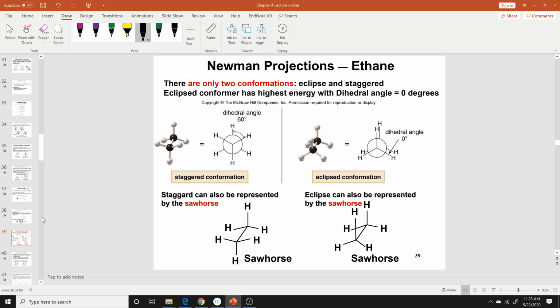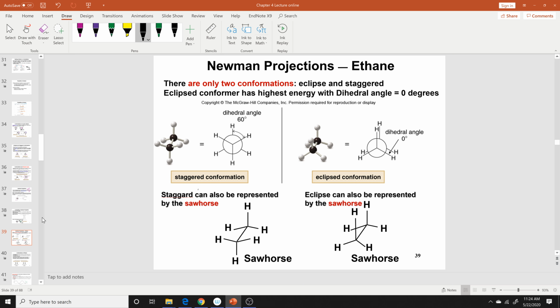We have 2 in front, 2 at the back, and 2 in plane. Then we're going to end up having only 2 conformations, the eclipse and the staggered conformation. This is the staggered conformation of ethane, representing the hydrogens having a 60-degree dihedral angle.